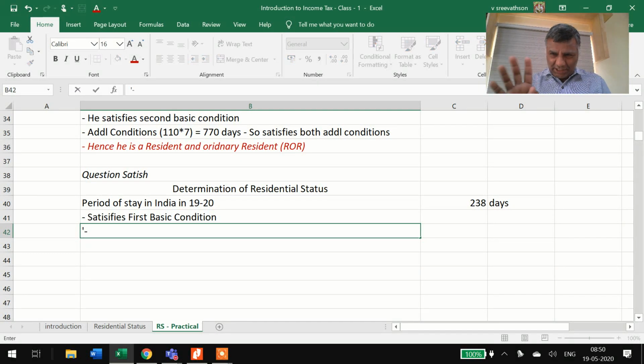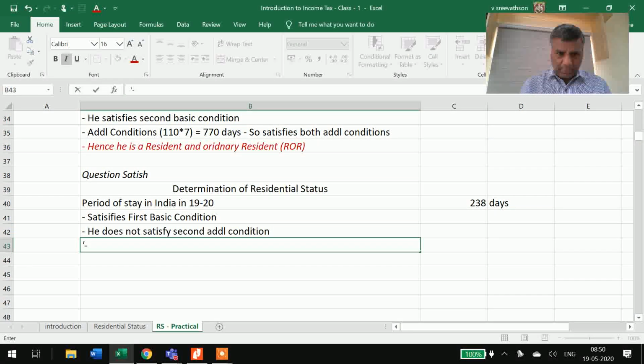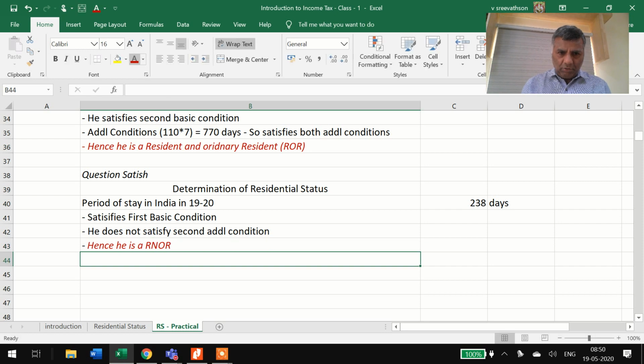It does not satisfy the second additional condition. Hence he is a RNOR, resident but not ordinary resident.